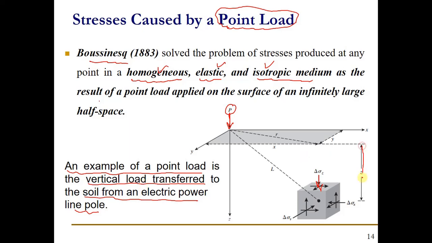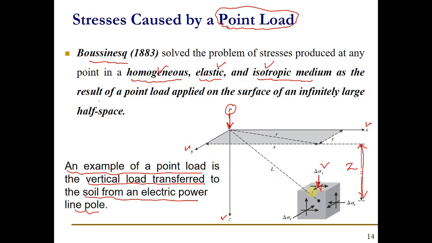We are asked to find out the delta sigma z at a depth z, but if you see in three dimensions, this is the x-axis, this is the y-axis, and this is the z-axis.